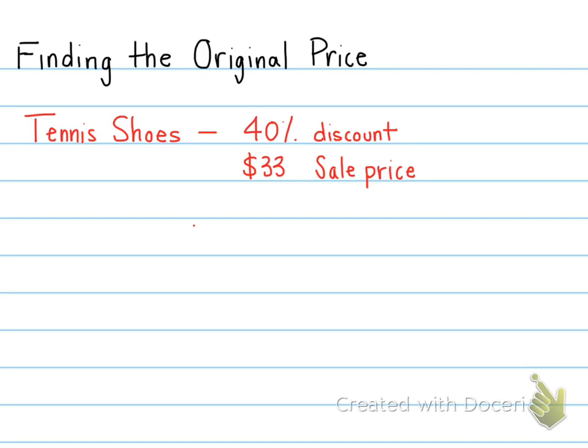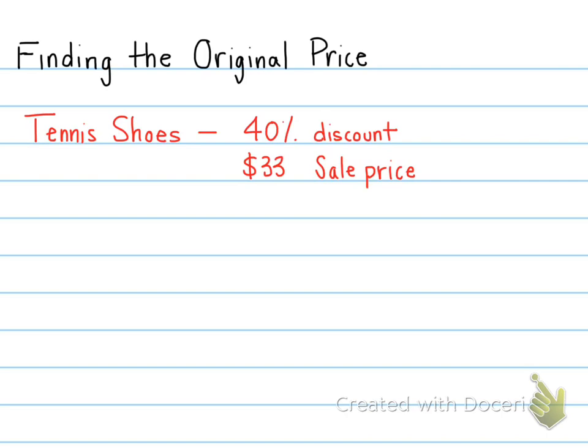The question is what goes in the percent, or do we need to do something else first? So when you're thinking about percents, they should always make sense. If you have 40% off an item, does it give you the new price of the item, or does it give you how much you're taking off of the item? And in this case, we know that it's how much you're taking off of the item.